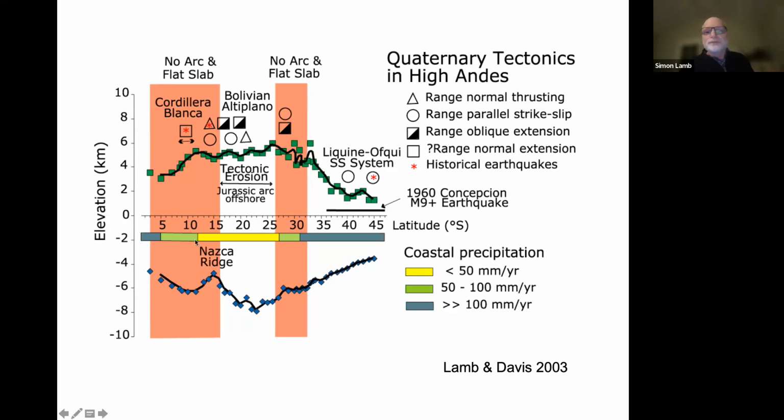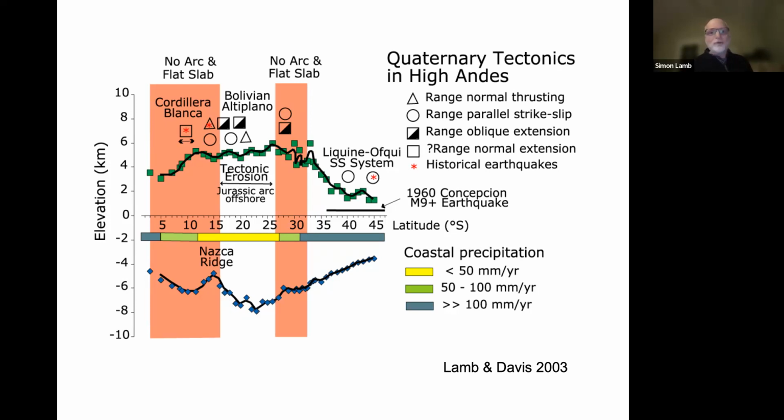And so you can see here that you get mixtures of oblique extension with strike slip, or there can be some thrusting here. And it stays the same in its tectonics all the way along the length. So even in the southern Andes, it's still just like that. It's actually strike slip. There's really no evidence for compression or extension. It's just a strike slip system.